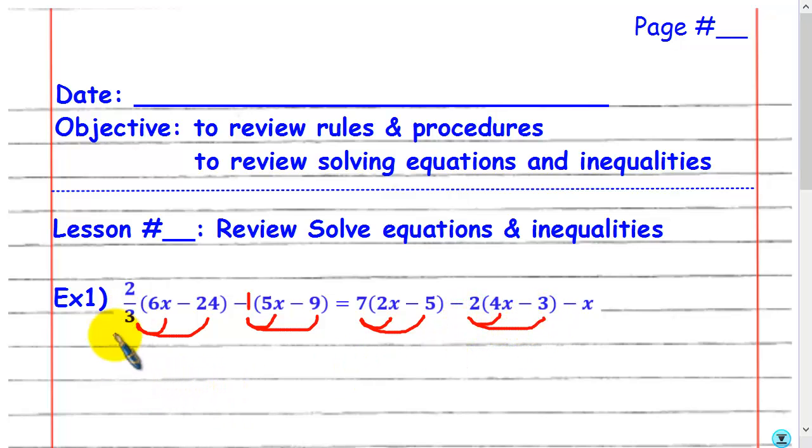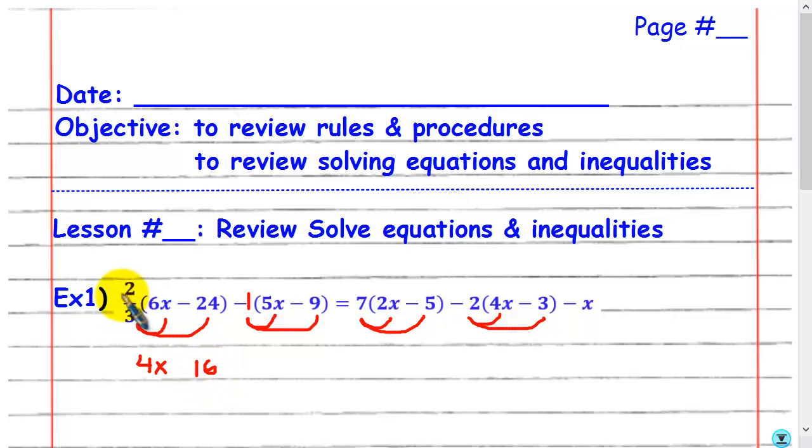Alright, so to multiply fractions, basically what you do is you multiply the top numbers. So 2 times 6x is 12x. And then you divide by the bottom number. So 6 times 2x is 12x, divided by 3 is 4x. And then we do the same here. 2 times 24 is 48. 48 divided by 3 is 16.